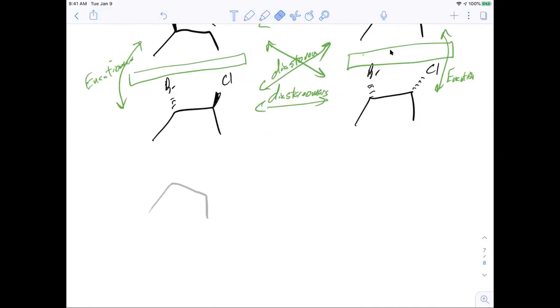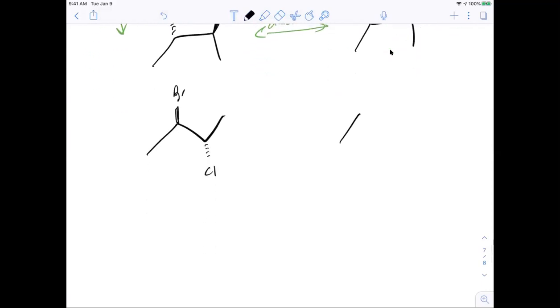And actually, so that it's not as easy, normally we draw zigzags for our molecules. So let's do it this way. And then let's use the naming system to figure out where our enantiomers and diastereomers are.